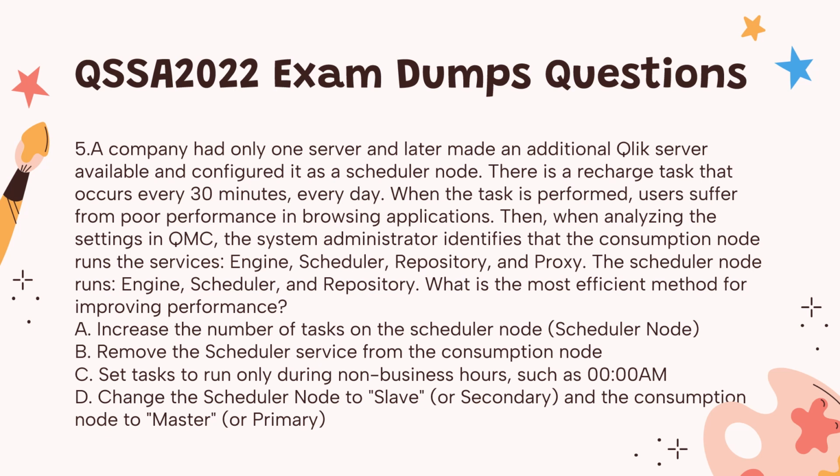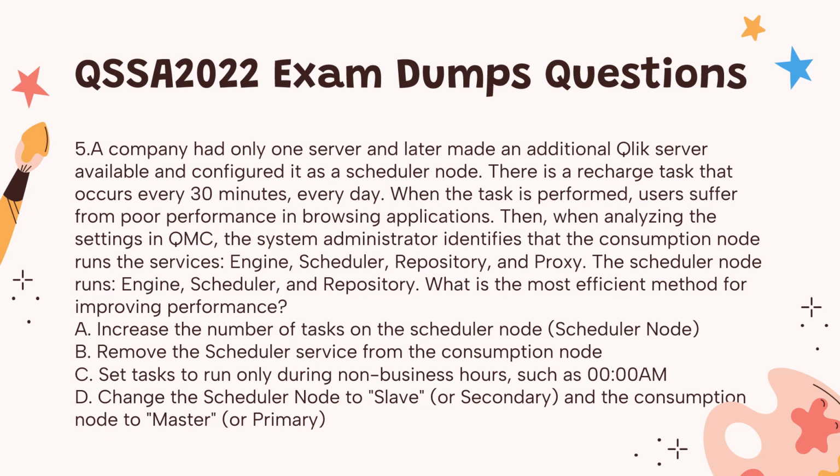Then, when analyzing the settings in QMC, the system administrator identifies that the consumption node runs the services engine, scheduler, repository, and proxy. The scheduler node runs engine, scheduler, and repository. What is the most efficient method for improving performance?